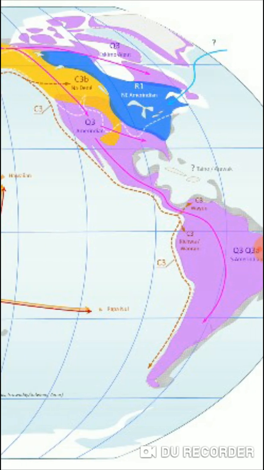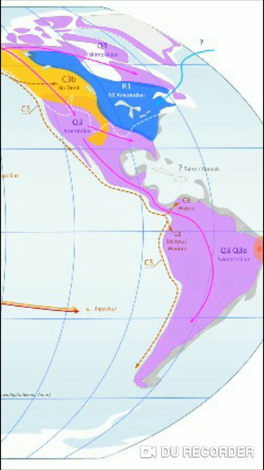So what we're looking at right here is the different groups of native people that migrated to the Americas.